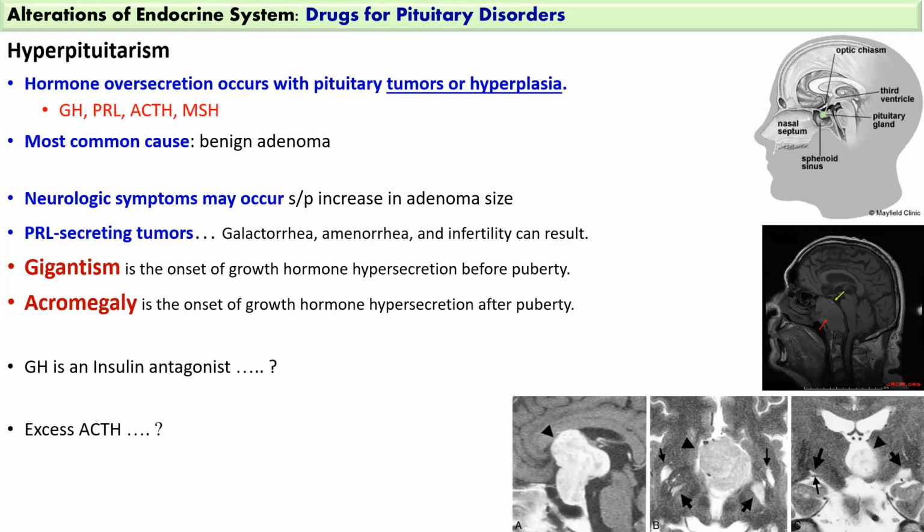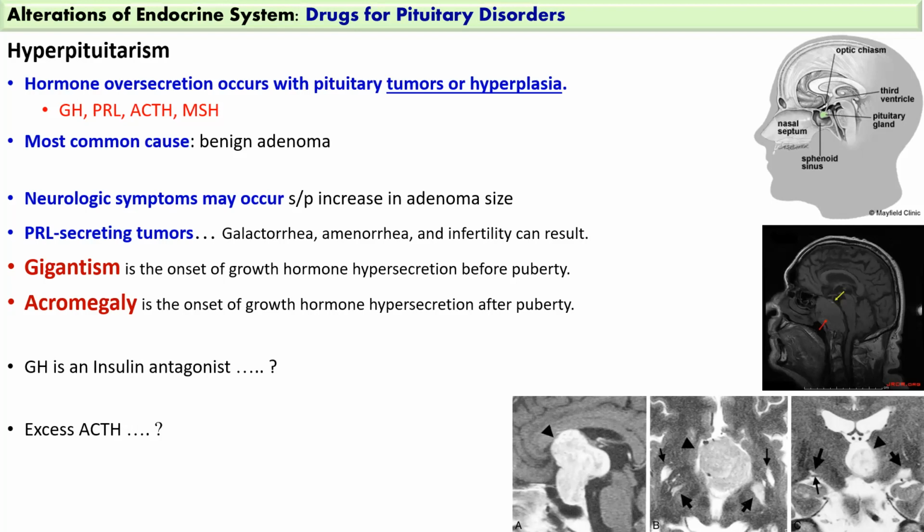The growth hormone is an insulin antagonist. In other words, patients who receive growth hormone are at risk for hyperglycemia, increased glucose level in the blood, because growth hormone is an insulin antagonist.